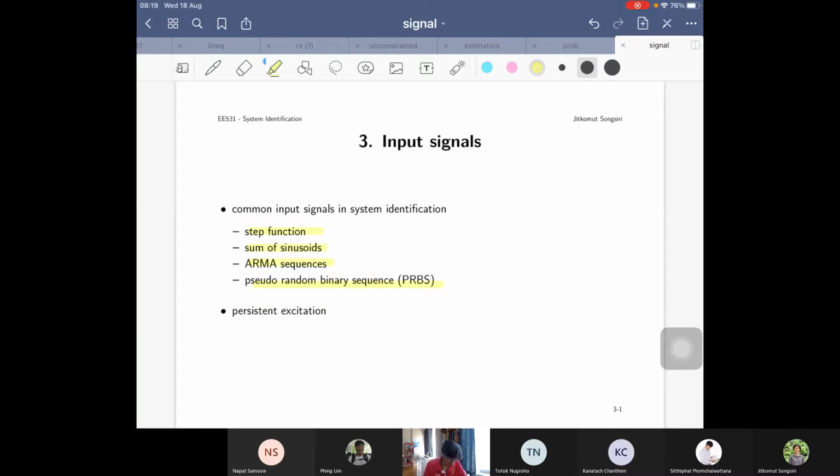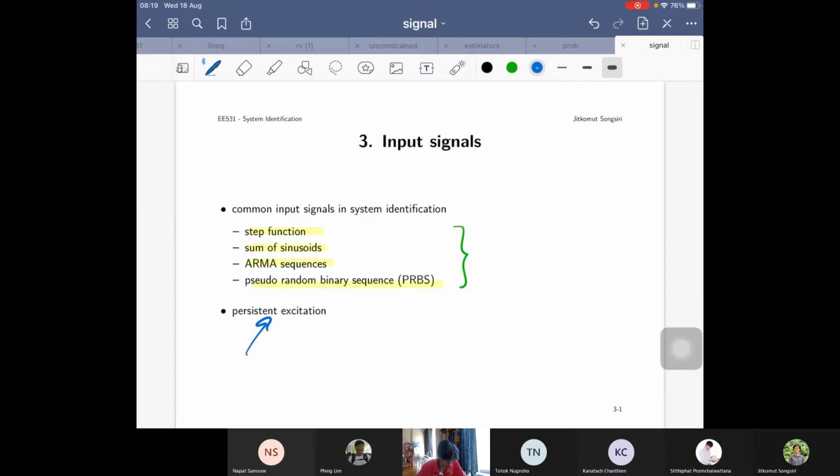Okay. When we talk about this, we will examine correlation function properties and its spectral density property. Okay, and the most important concept of this chapter is the property of input signal that is called persistent excitation.